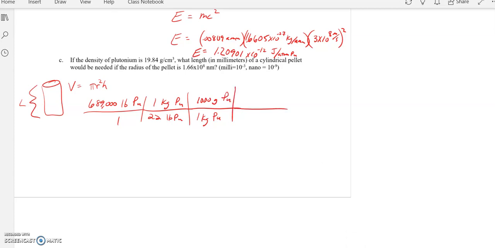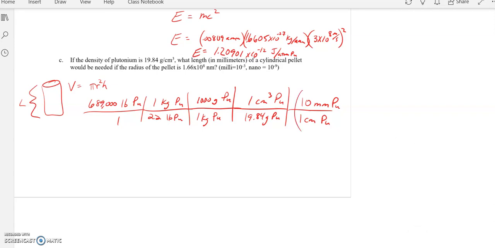Now I can use the density. There's 19.84 grams of plutonium per cubic centimeter of plutonium. And since I want my answer at the end of this problem in millimeters, I'm going to go to cubic millimeters. I know that every centimeter is 10 millimeters. Now, if I only did that once, I would still have centimeters squared in the numerator.